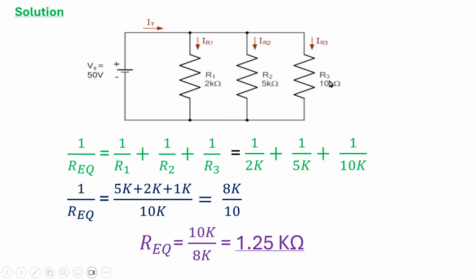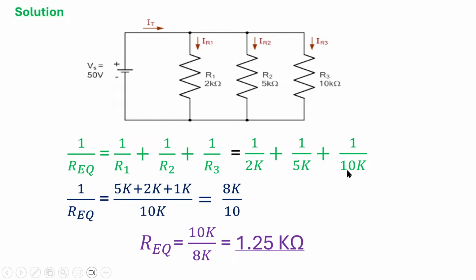Again, for this analysis, we calculate the equivalent resistance. 1 over R equivalent is equal to 1 over R1 plus 1 over R2 plus 1 over R3. When we put in the values and do the calculation, we get a total equivalent resistance of 1.25 kilo ohms.